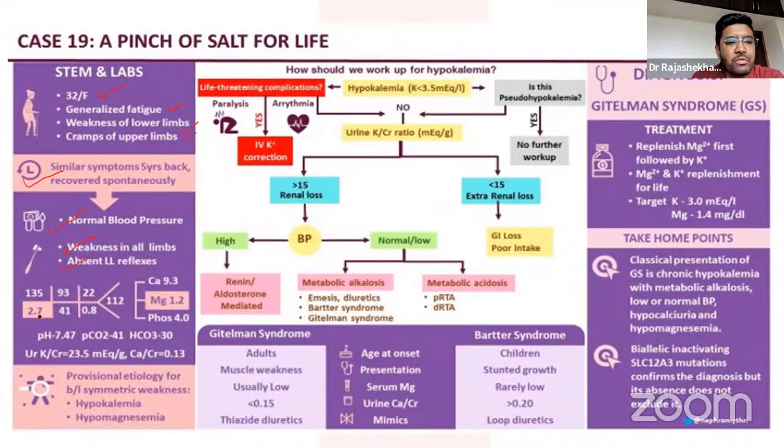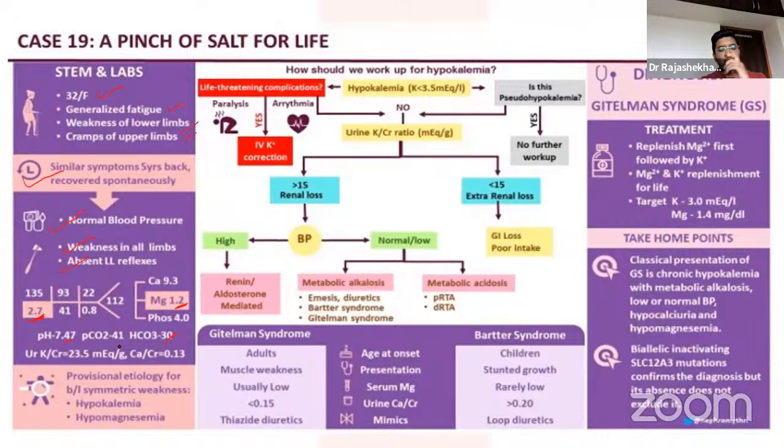She was found to have hypokalemia and hypomagnesemia, and on ABG a pH of 7.47 and bicarbonate of 30, that is metabolic alkalosis. So there is hypokalemic metabolic alkalosis.